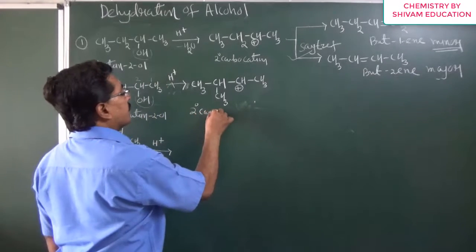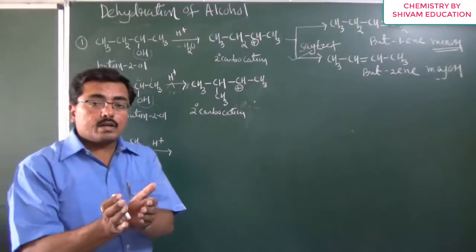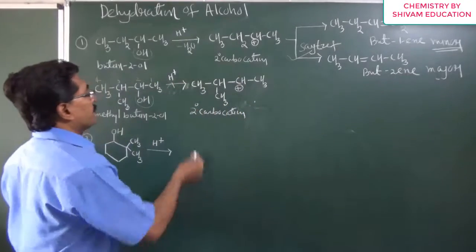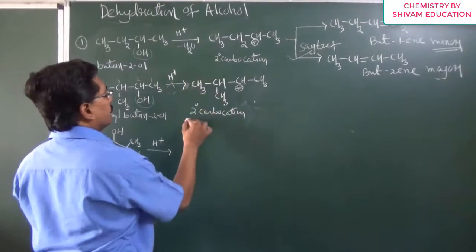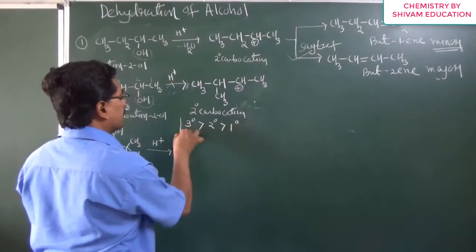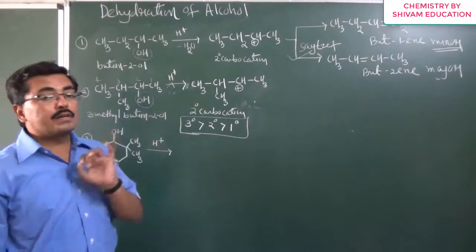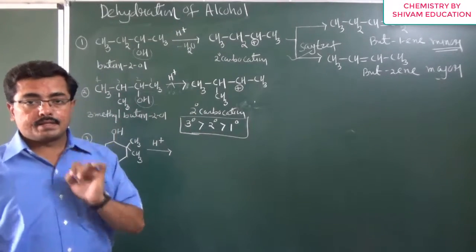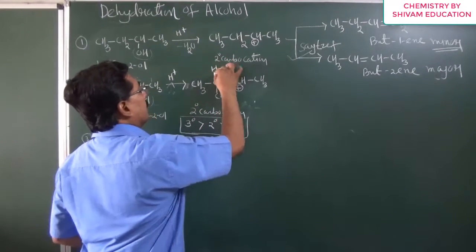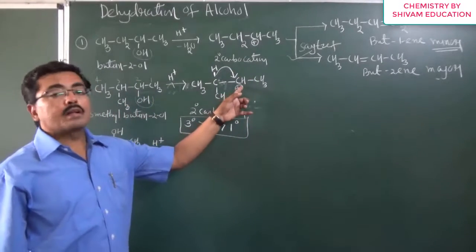We have studied that the stability of a tertiary carbocation is more as compared to secondary, and secondary is more stable as compared to primary. So now here, in order to obtain stability, from this carbon atom, this hydrogen with its electron pair will shift to the neighbor carbon atom.